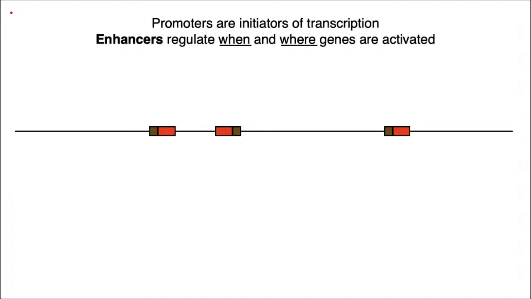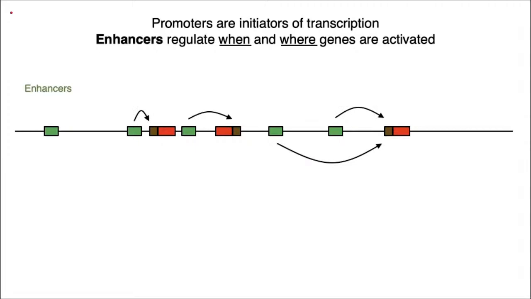But promoters are simply the initiator of transcription. They cannot determine if the gene is going to be on or off in that cell. For that, we need another type of element called enhancers. These elements are shown here in green in this cartoon, and they are responsible for regulating when and where certain genes are activated.